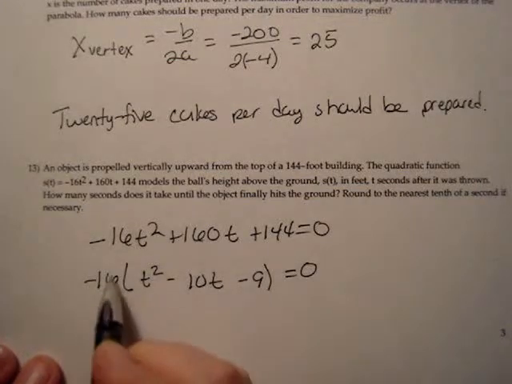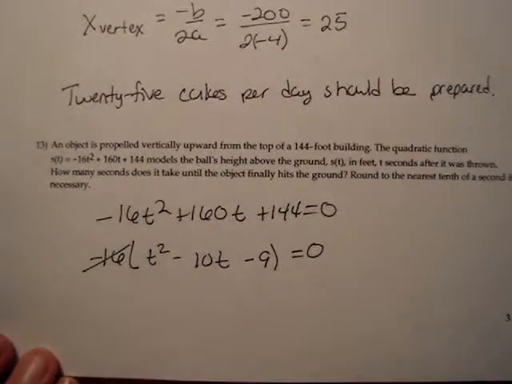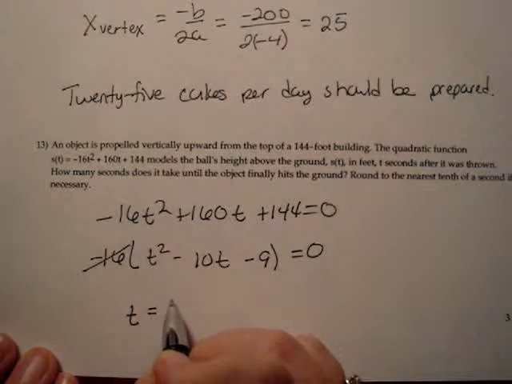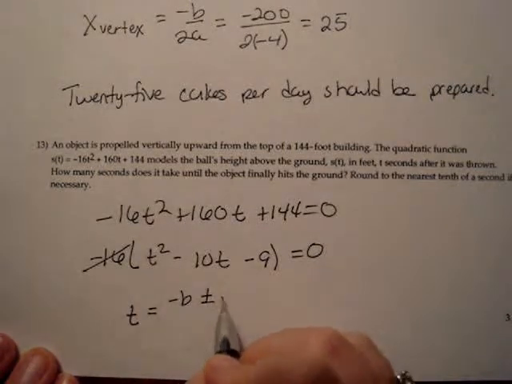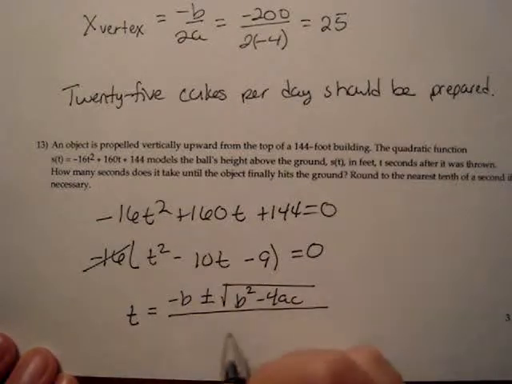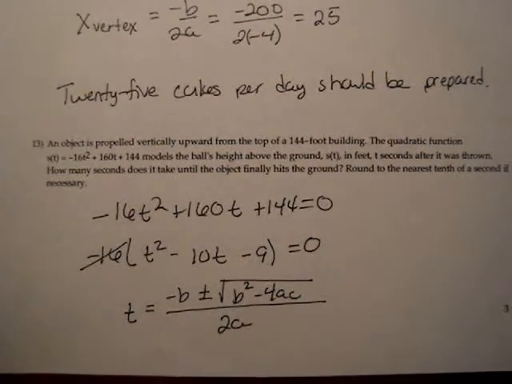Now the good news is, since that's a constant, I could divide both sides by negative 16 and it would be gone, right? It doesn't affect the rest of it when I use the quadratic formula. So this time it would be t is equal to negative b plus or minus the square root of b squared minus 4ac all over 2a. I will let you guys plug that in and figure out what the answer is. I don't remember, but I know it's on our answer key. Okay? All right, that's 3.1.